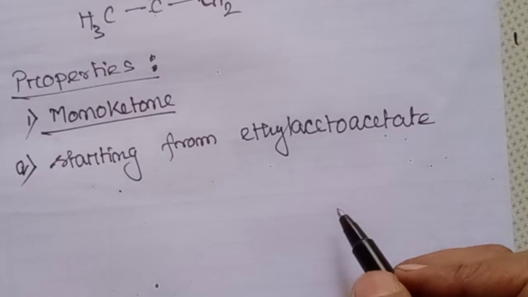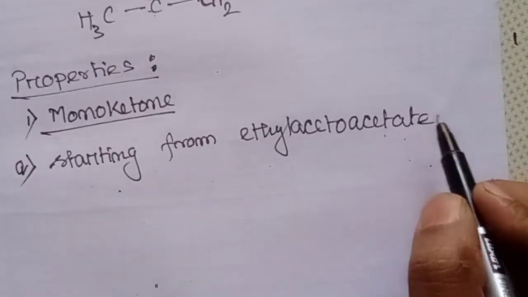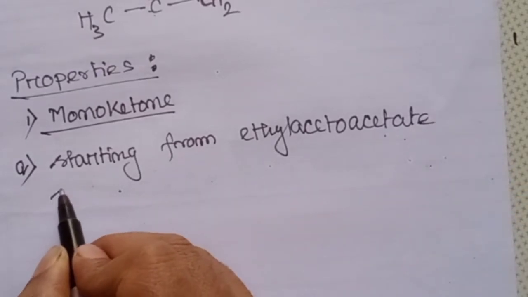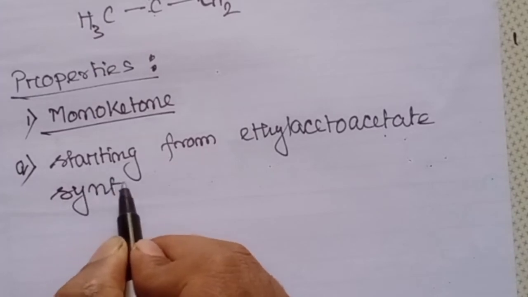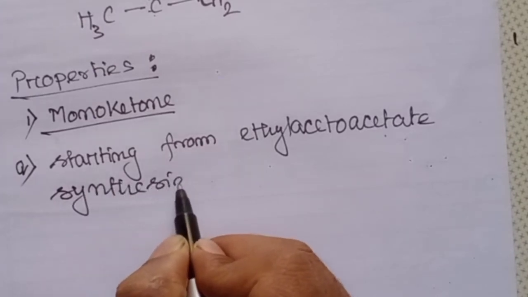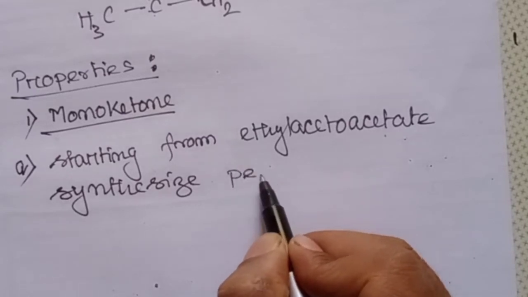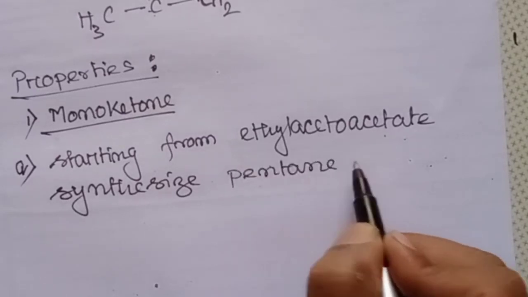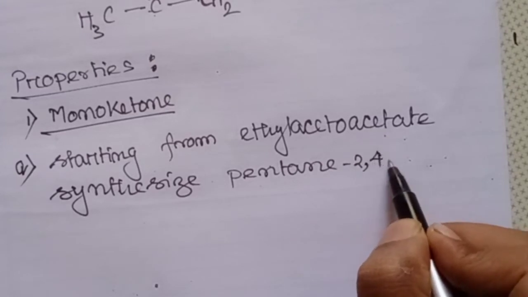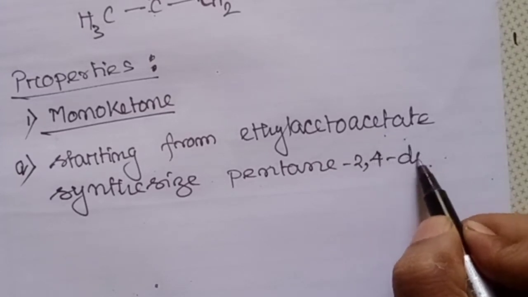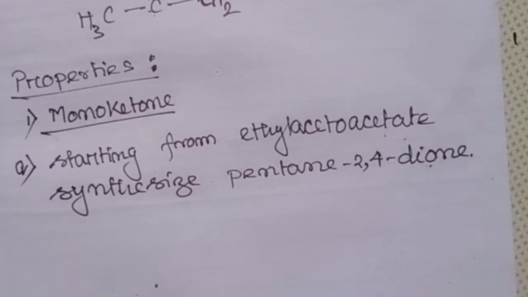From ethyl acetoacetate, synthesize pentane-2,4-dione.